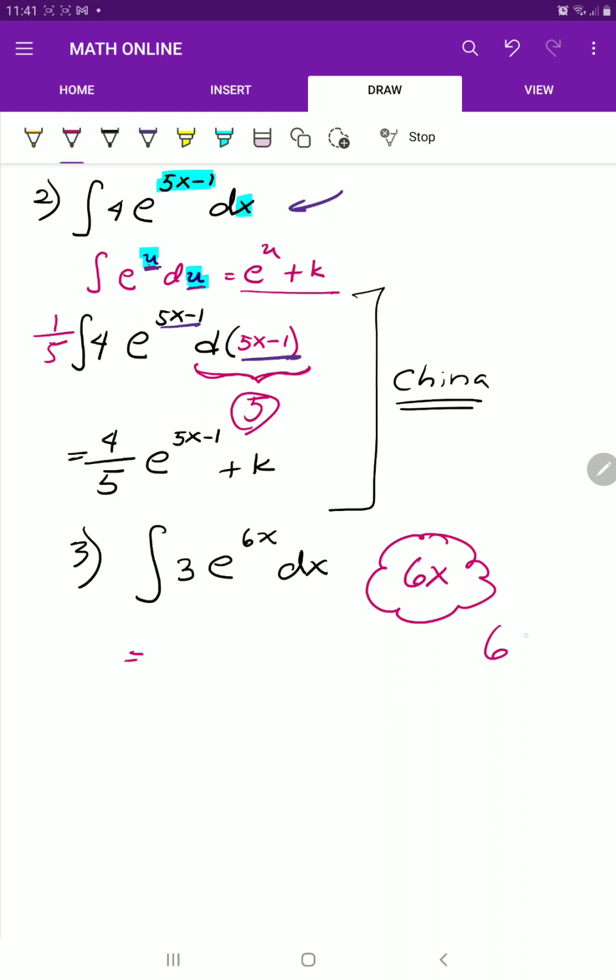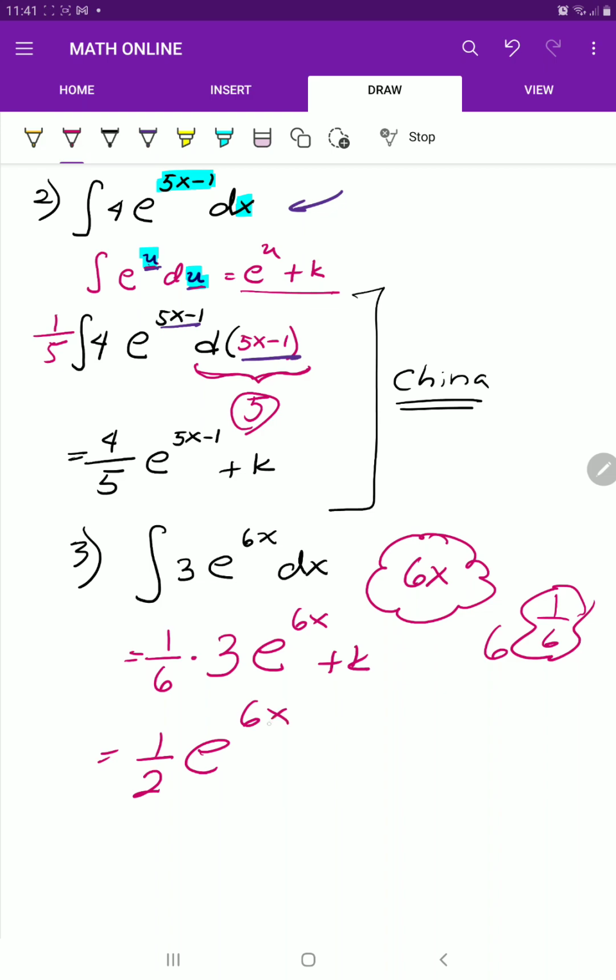Now in your head, reverse that 6, so that's actually 1 over 6. Then you write that 1 over 6 outside, times 3 e to the 6x plus k. So therefore the final answer is 1/2 e to the 6x plus k.